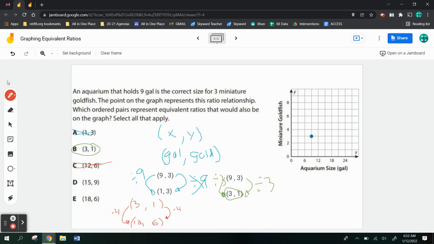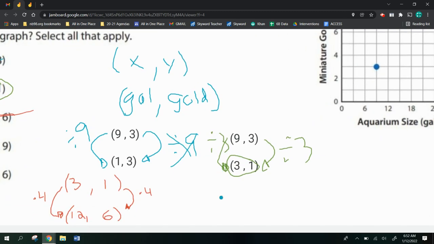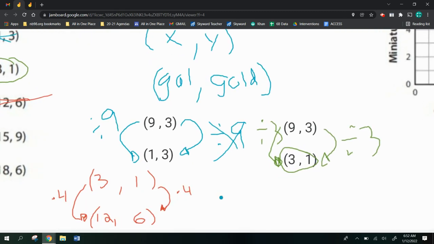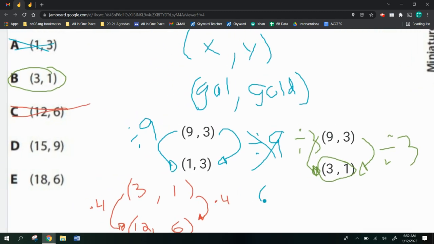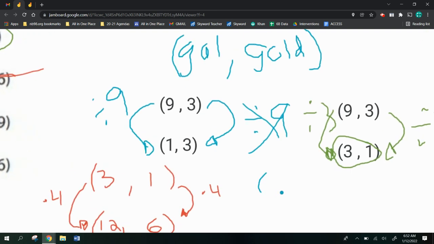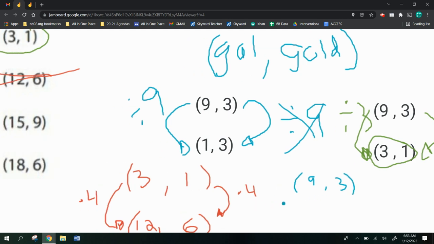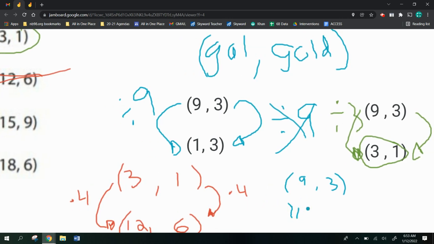Then we have D. And let me just show you why I picked the base ratio with this one. So let's say I did use 9 to 3 for every one of them. Let's say you tried asking yourself, how do you go from 9 to 15?